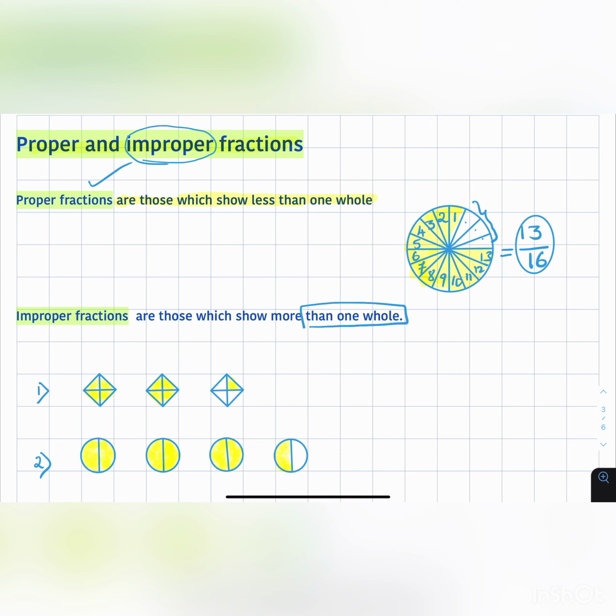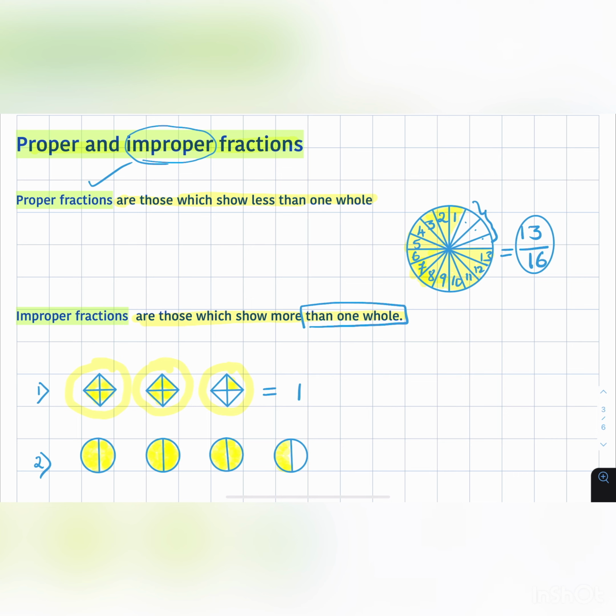Improper fractions are those which show more than one whole. So I have taken the example here. This is one whole, this is one whole, and in this, one part out of 4 parts has been shaded. So how do we write this?